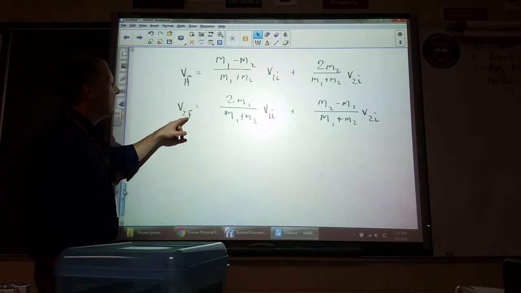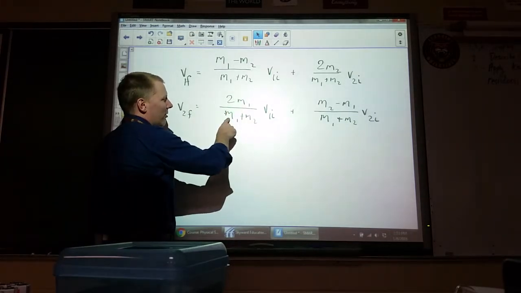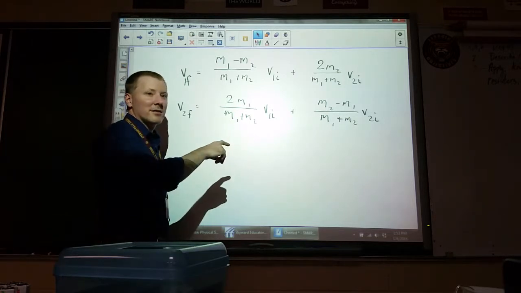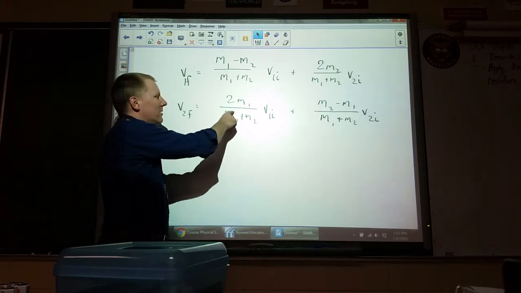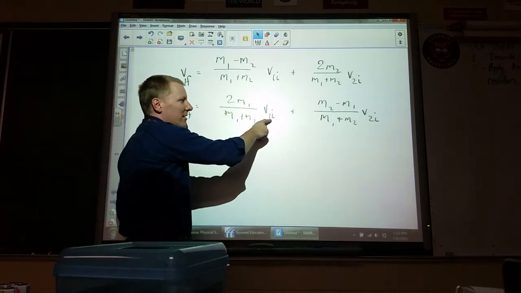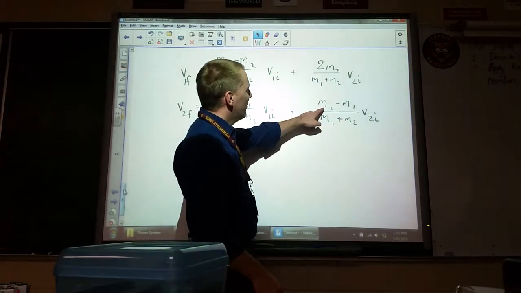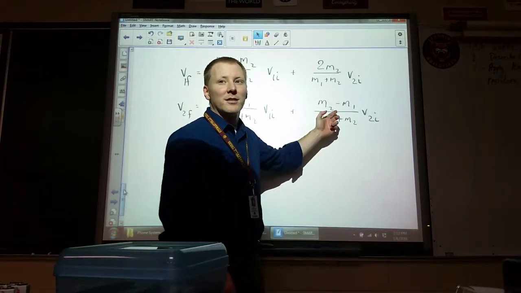Second one, we've got 2 times the mass of the first cart over the sum of the masses. But these masses are the same, so this would just be 1 times our initial velocity. Then over on this term, we've got mass 2 minus mass 1. They're the same, so that's 0.